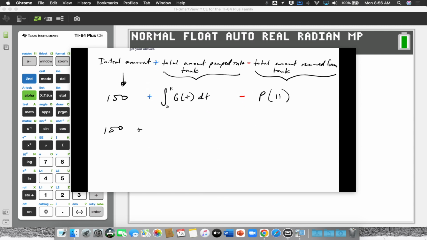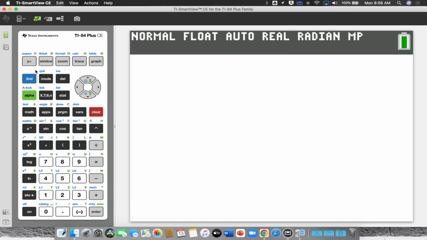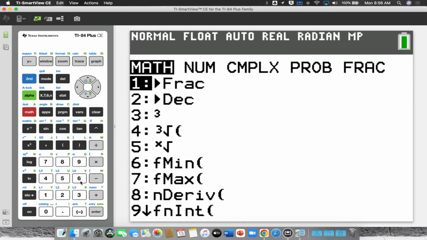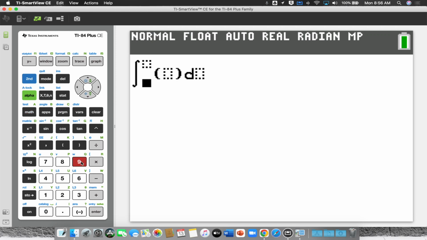So you go use your calculator. Math, number 9, integral from 0 to 11. G of t. So G of t is -2.